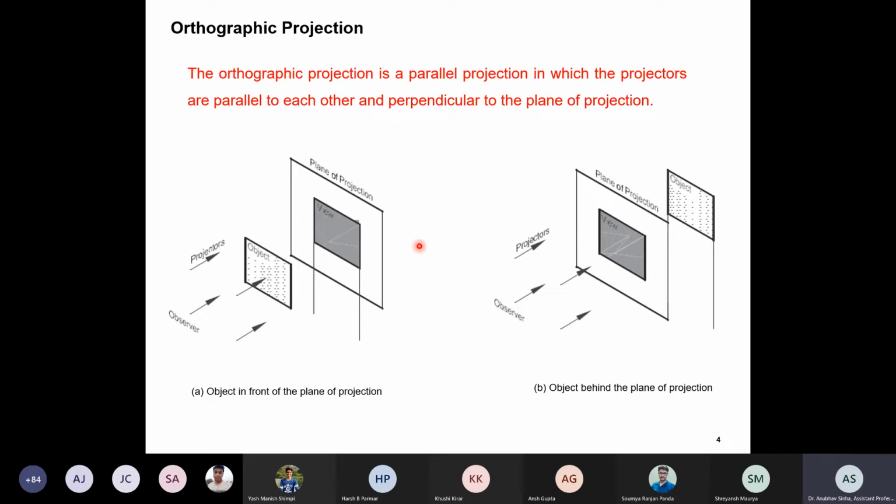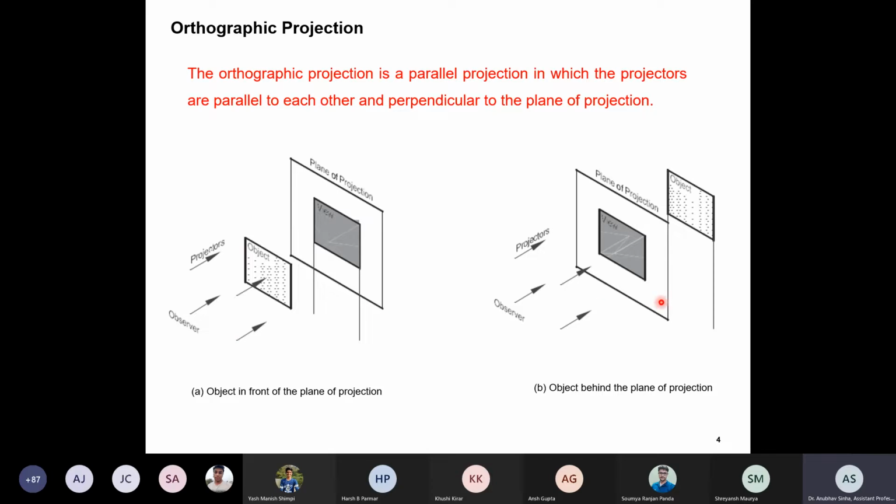But the main point I want to highlight here is that there are two ways to project. One is that you have the object in front, and you have an opaque plane of projection where this shadow or projection can be formed. As we move along, we'll see this refers to first angle projection, and the other is called third angle projection.